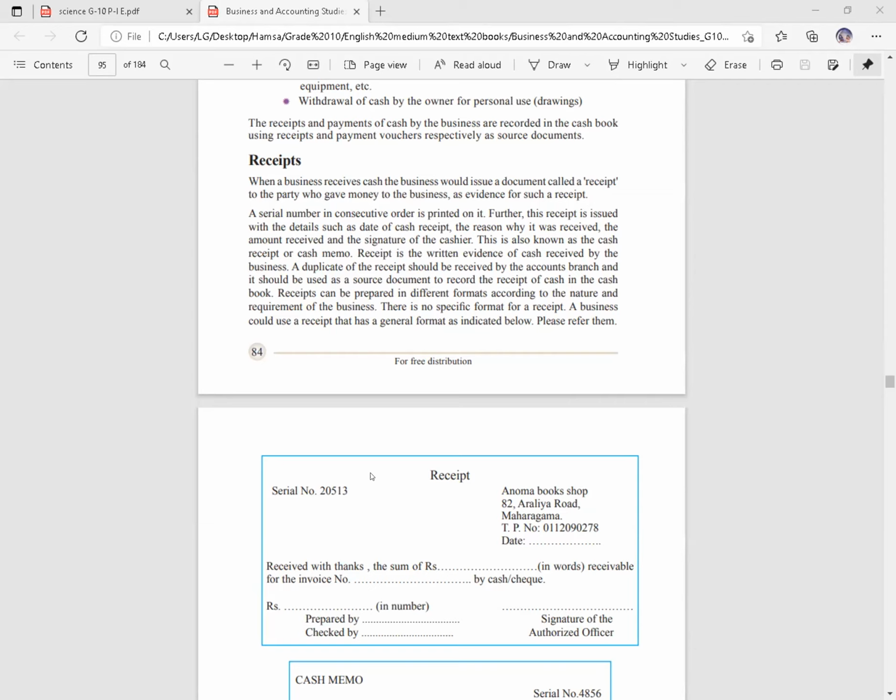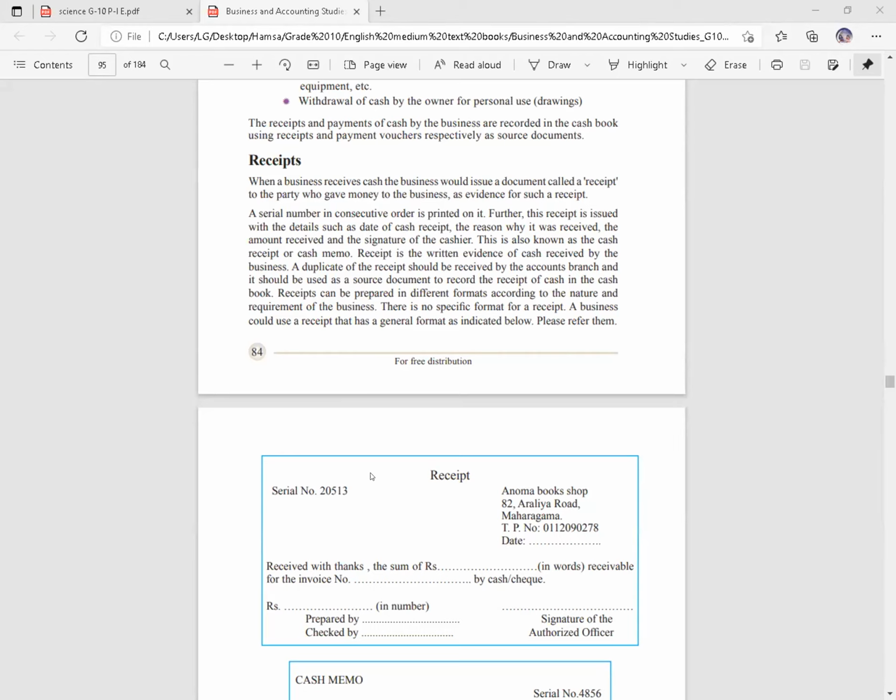Say a debtor is paying you. You're the businessman. A debtor is paying you, say, rupees 100,000.